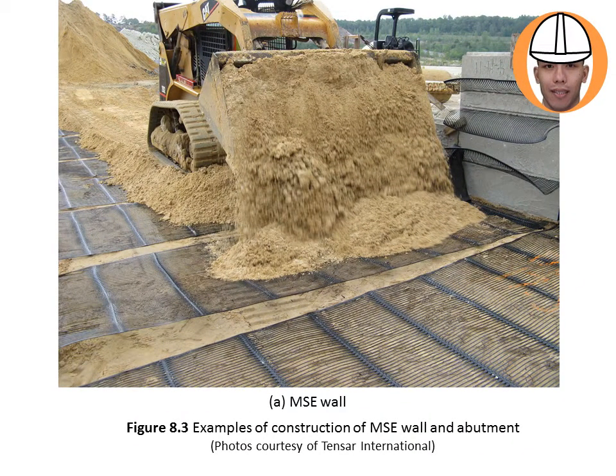MSE wall. So as you can see in this figure, this is a geogrid which is acting as reinforcement, and this is the facing wherein we anchor the geogrid, and this is the backfill.